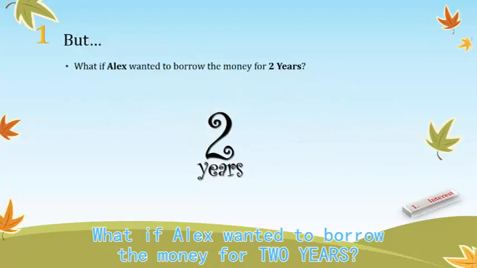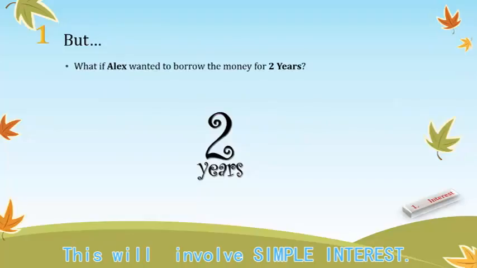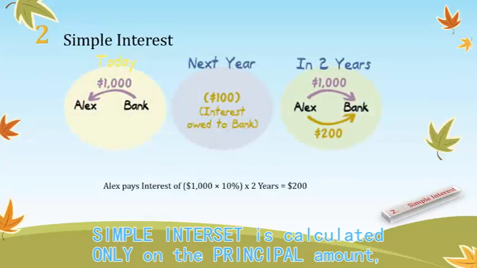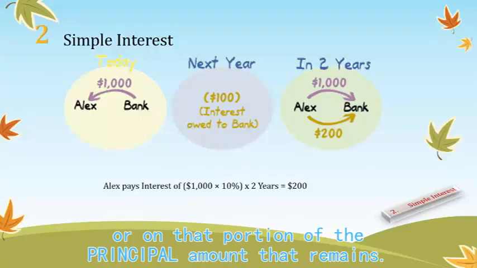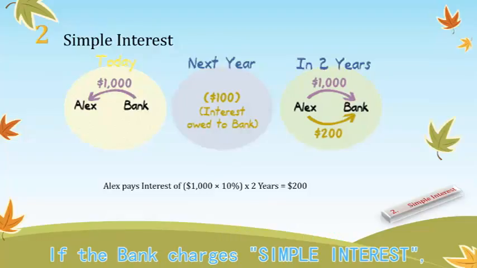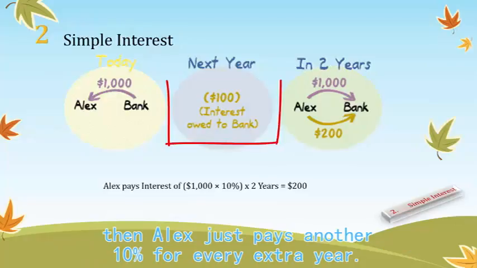So what if Alex wanted to borrow the money for 2 years? This will involve simple interest. Simple interest is calculated only on the principal amount, or on that portion of the principal amount that remains. If the bank charges simple interest, then Alex just pays another 10% for every extra year.